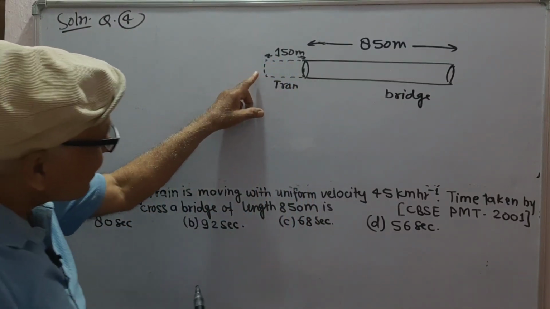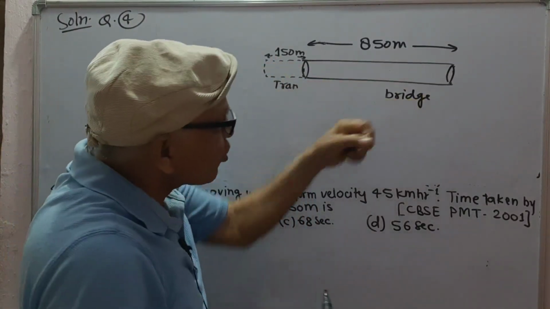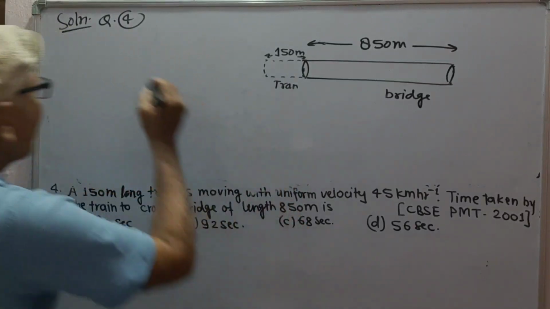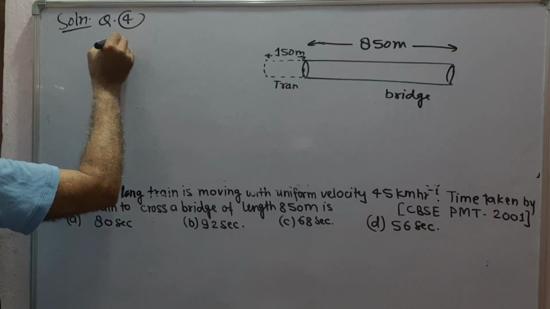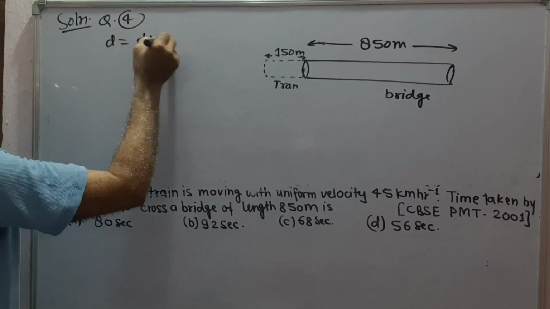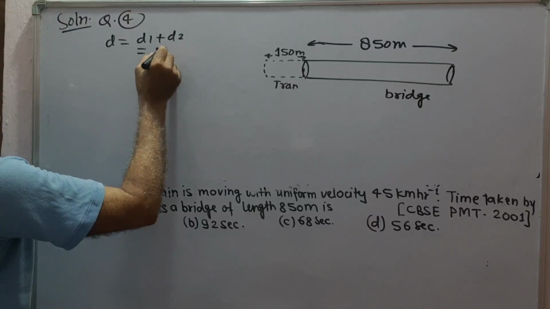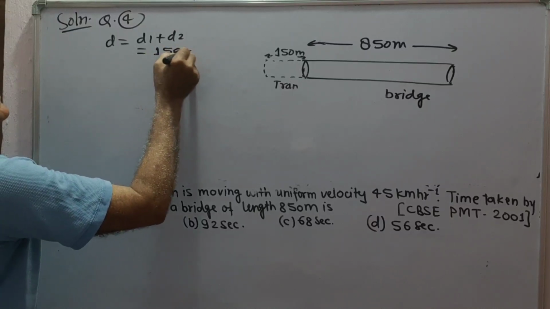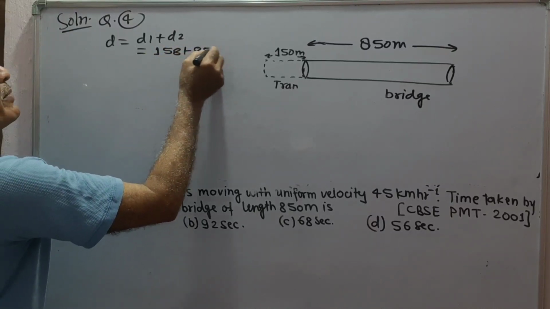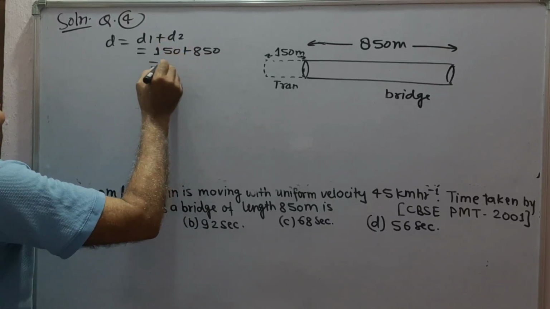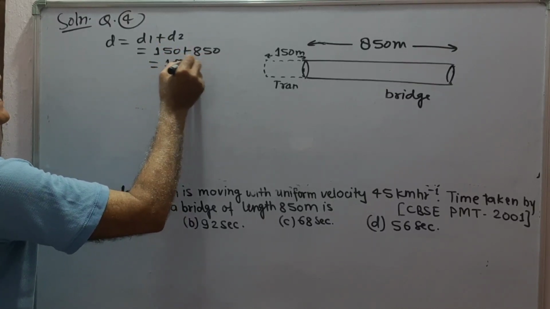Then when the train crosses the bridge, the total distance moved by the train will be d equal to d1 plus d2, that is 150 plus 850, which means 1000 meter.